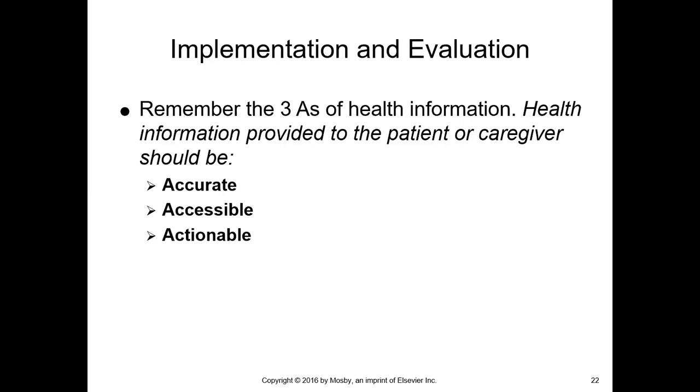Maybe I say, if you've gained 5 pounds in one day, or you are very short of breath, then this is the time you need to call 911 or go to the emergency room. So what do I do with this information? That's what actionable means. Am I able to perform the skill? And do I understand what I'm supposed to do with this information?